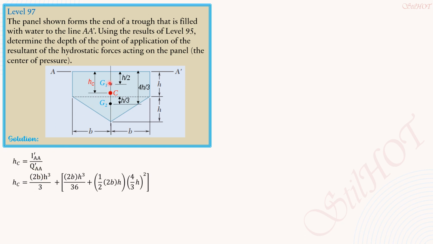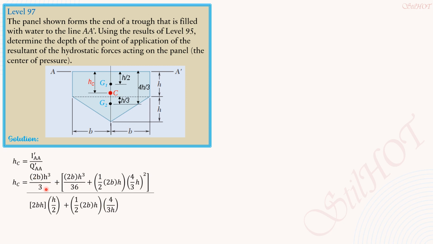So this is simpler. It is just area times moment arm, or the distance of the centroid from the axis AA'. So it is 2b times h for the rectangle, that's the area, then moment arm h over 2. For the triangle, 1/2 of 2b times h, then distance 4/3 of h. So the numerator would be bh cubed and the denominator would be bh squared, leaving the variable h in the numerator.